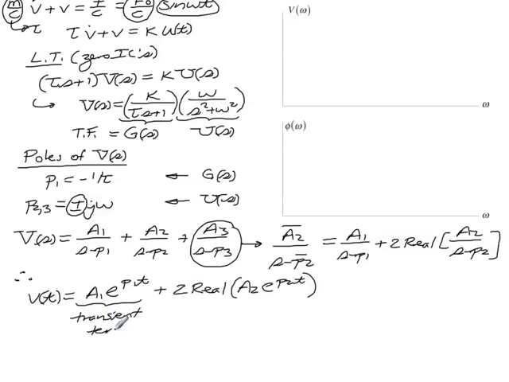Why is that? Well, we have an exponential with a real exponent. The important thing is that the real exponent is negative, so that dies away. So what's left here is going to be our steady state.